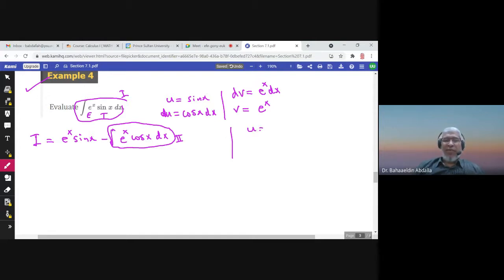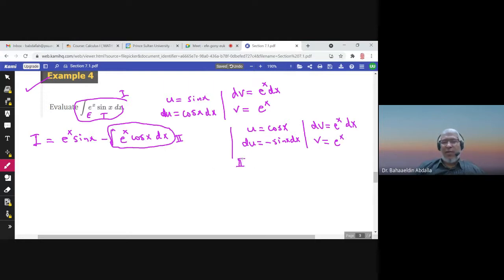So again, I have exponential and trigonometric, so I'll take the trigonometric as u. So u equals cosine. The derivative of cosine is negative sine x dx, and dv is e^x dx, and the integral of dv is v, and the integral of e^x is e^x.